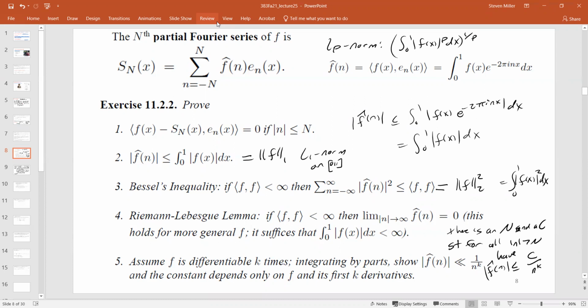And I guess technically here, I should have the absolute value of n because I could allow n to be a negative number. Although, no, I'll just put it like that.